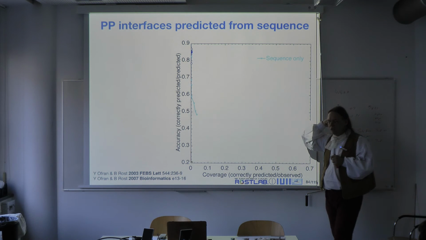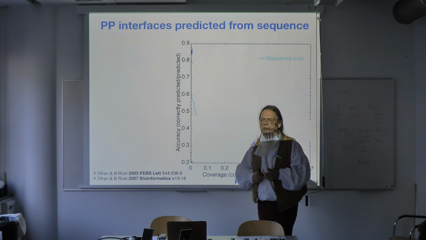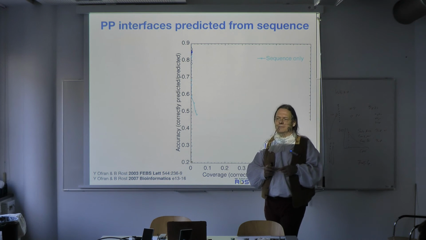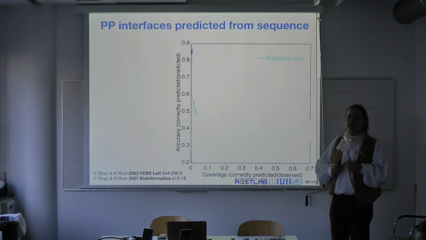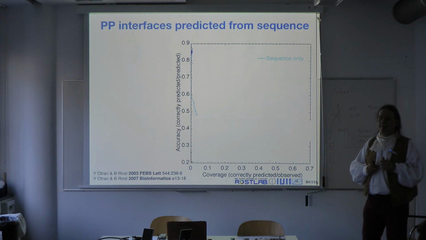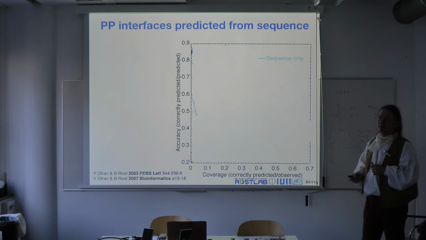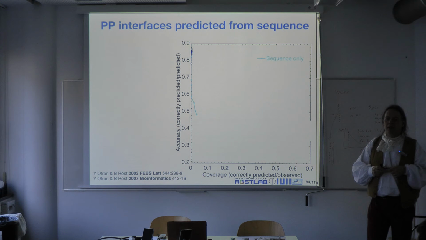Now, my immediate question to you, do you believe this is random? So is this better than random, the blue? And it just ends. So no matter what threshold you do, you can no longer find them. Is that random?